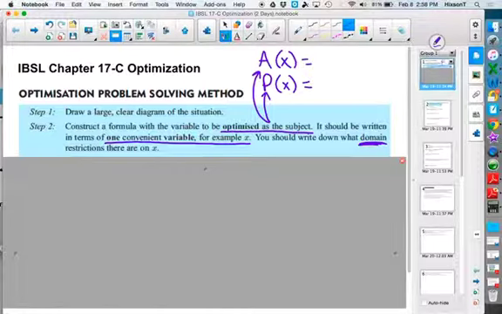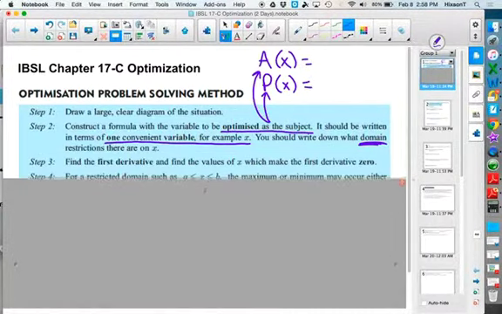What domain restrictions are there? Understanding this is really important because this gives you the range of possibilities for your answer. It is possible that the maximum on the entire function is not the maximum within the range of possible solutions. So you've got to figure out what is physically possible based on our situation, and then set up your domain for that. So that's where a lot of the work is coming in.